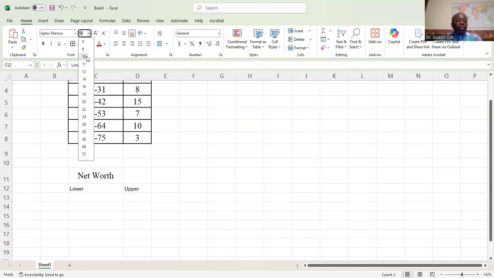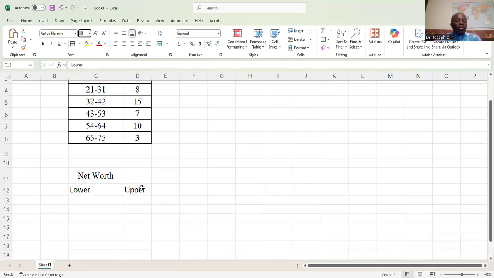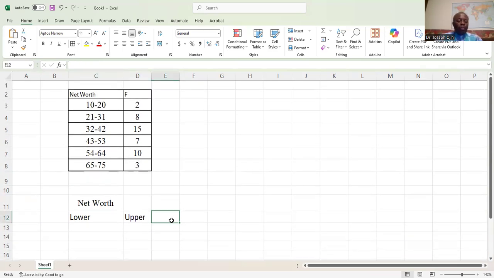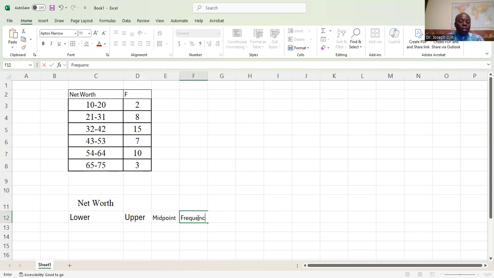Now we need the midpoint. I'm going to type midpoint here. Then we also need the frequency, F. For cumulative frequency, we're just going to use CF.